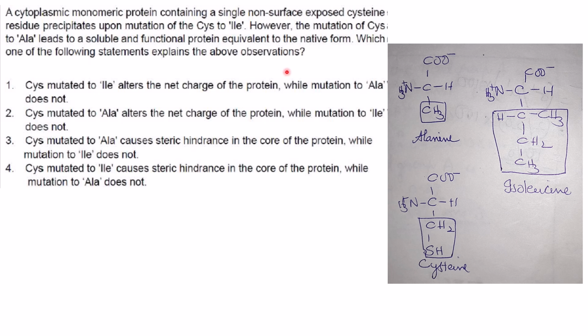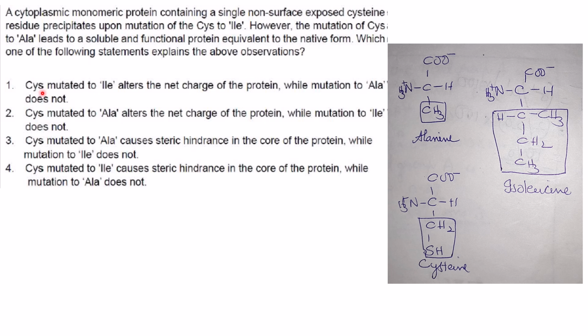So why is it this? They have given the options, and out of these you have to find out which is the correct answer. Cysteine mutated to isoleucine alters the net charge of the protein, while mutation to alanine does not. Now cysteine, isoleucine and alanine, all three are neutral.